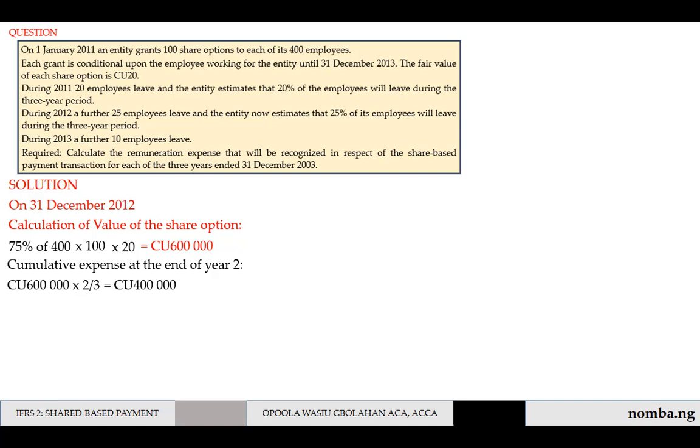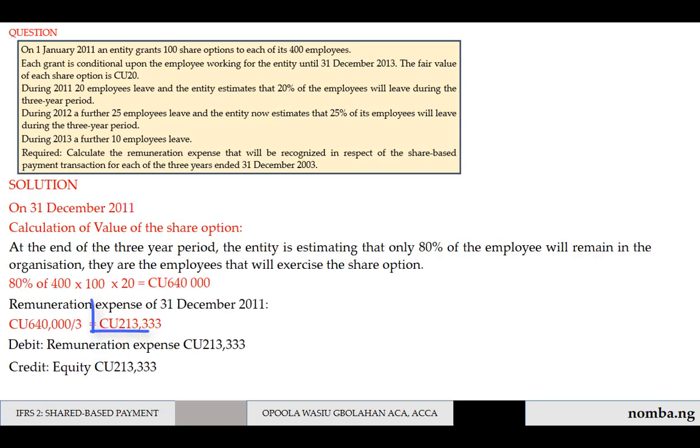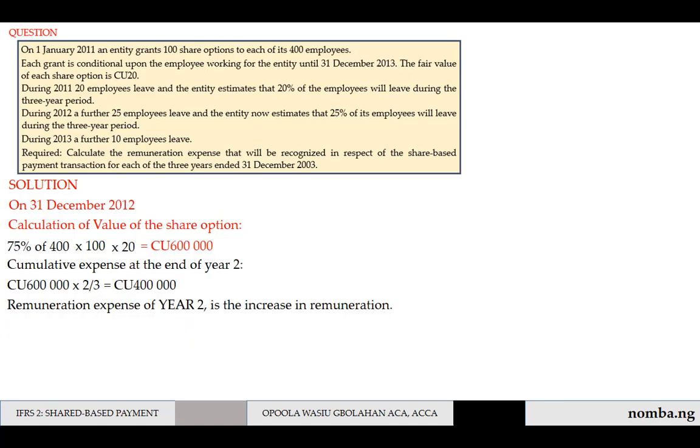Now, the remuneration expense relating to year 2 will be the increase in the remuneration expense. In year 1, we recognized 213,333. And the cumulative up to year 2, we have calculated now as 400,000.